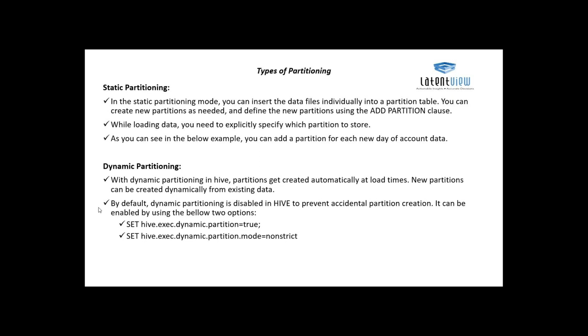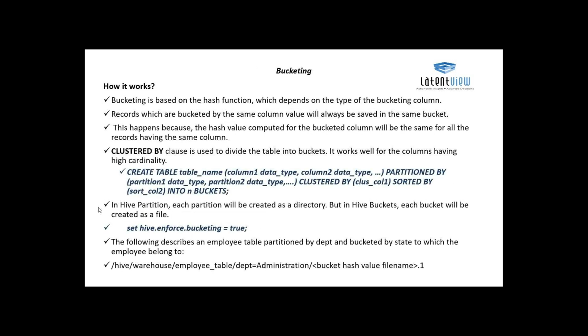These are the conditions to consider when you design a table with partitions. And if you specify a column as a partition column, that column should not be included in the create table column list. In the final demo, I'll quickly show those things also. So this is all about partitioning.